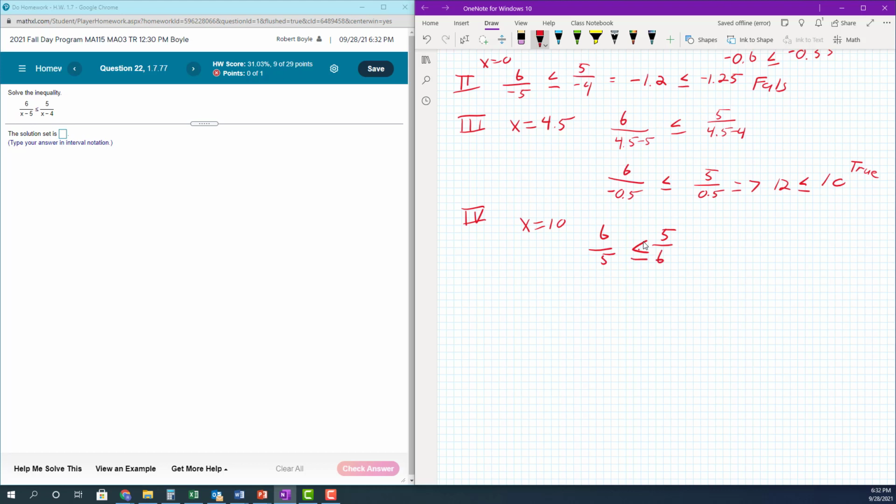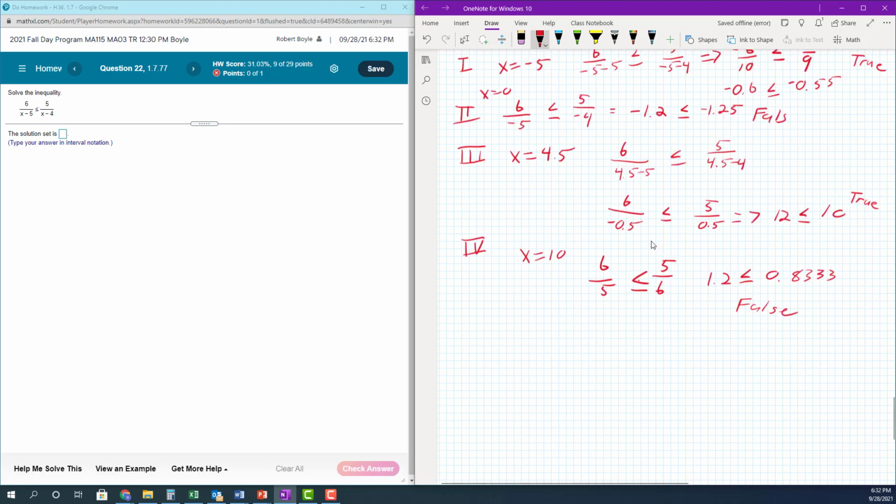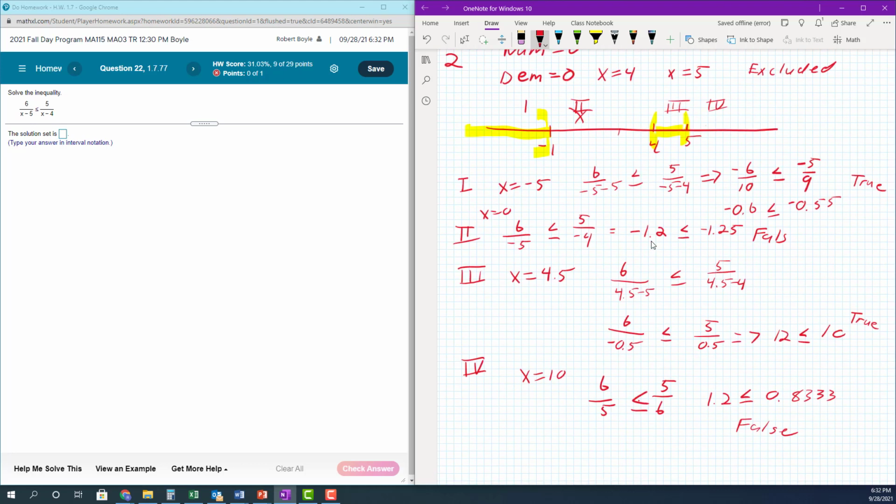Less than or equal to. And again, it might be better to use a calculator for this. And if you did, you would have 1.2 is less than or equal to 0.8333, which does not satisfy the inequality. This is false. So then this interval will not be included.